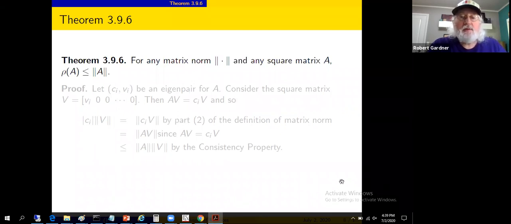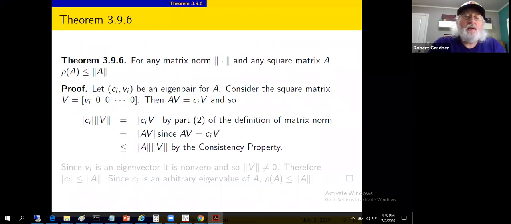Okay, there's the claim. Take c_i, v_i to be an eigenpair for matrix A. So in particular, we've chosen an arbitrary eigenpair, especially an arbitrary eigenvalue. We want to show this arbitrary eigenvalue of matrix A is in modulus less than or equal to the norm of A. Since it's an arbitrary eigenvalue, that would establish the result for the spectral radius.